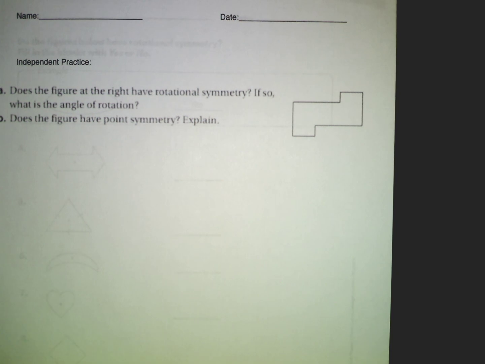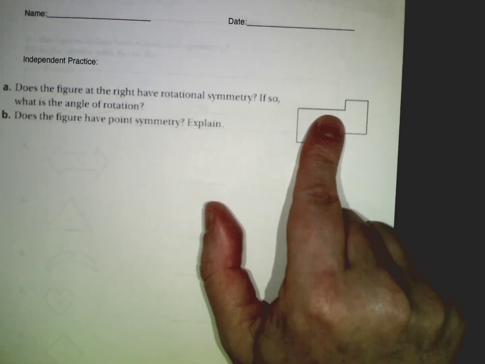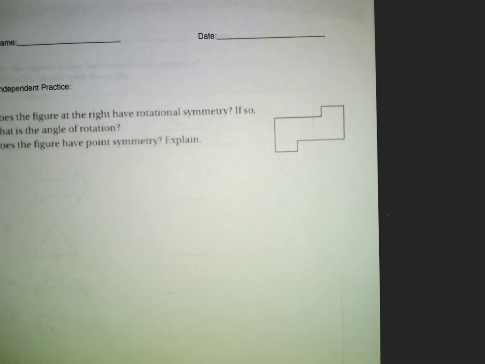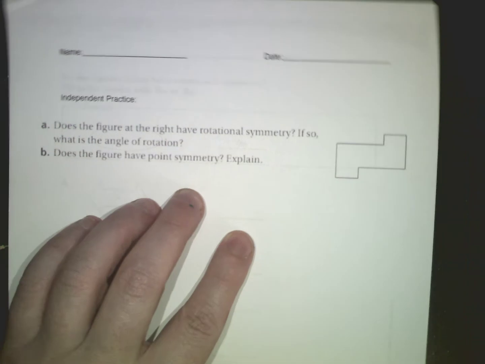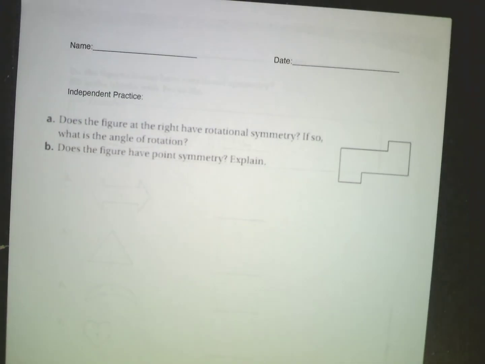Now, here's the most basic idea. Any shape, I'm going to look at this shape in particular, has rotational symmetry of 360 degrees. If I take something and turn it 360 degrees all the way around once, it has the same shape. Well, that's kind of silly, so let's not worry about that.